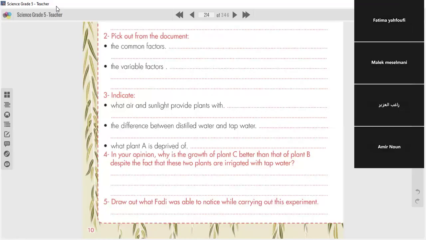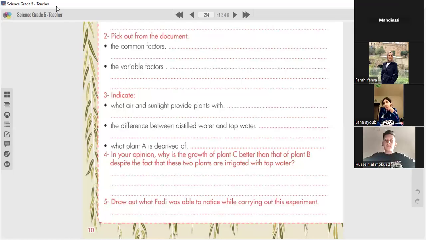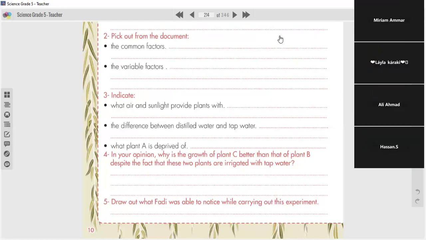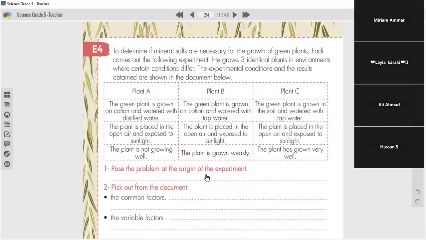So you can conclude from this whole experiment, because this experiment focuses only on the mineral salts, that the mineral salts are very important, necessary, indispensable to let green plants grow better. Okay, thank you guys.